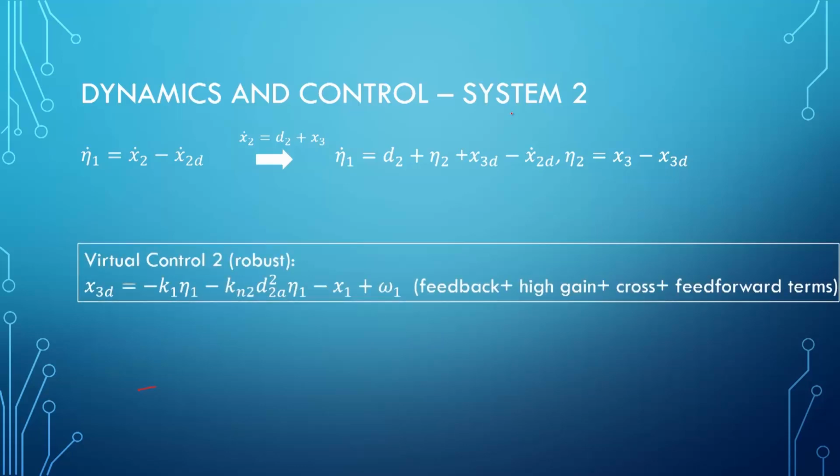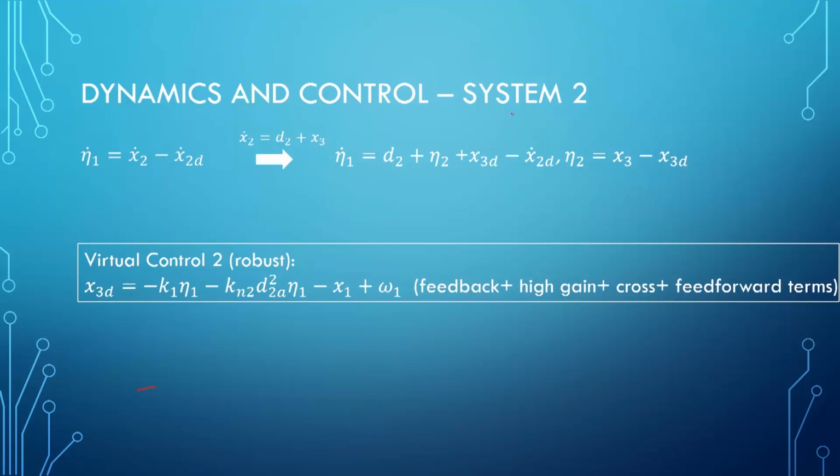Okay. So virtual control 2 is designed as this. Okay, again, feedback terms, high gain terms. Here we put eta 1. In system 1 it is x1, but here it is eta 1 because we are doing tracking control for eta 1 going to 0.